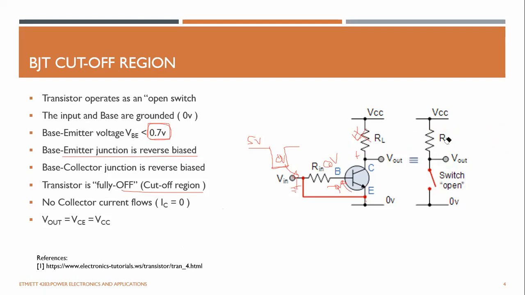If you connect a motor driver, motor controller or something here, the motor voltage is simply 0, because there's no current flowing there. That's why, because this circuit is open, the transistor is open, this base voltage is 0. So the transistor now acts as an open switch in the cutoff region.